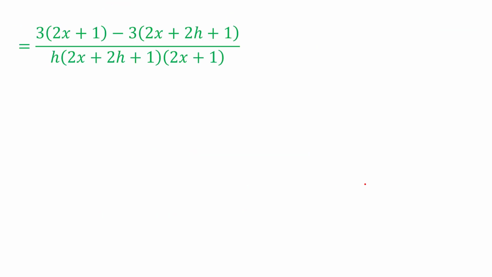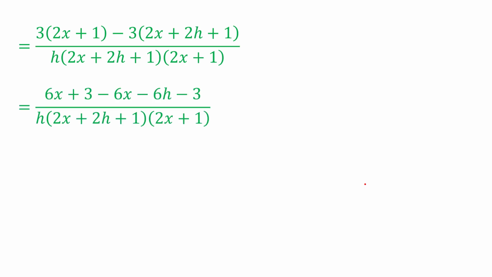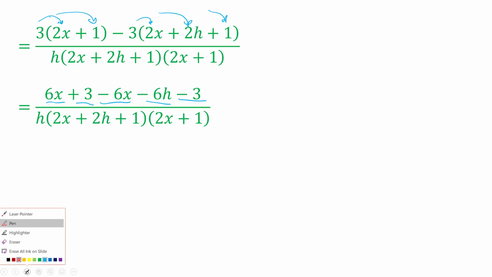a little bit further. We're going to distribute the 3 through to give us 6x plus 3. We'll distribute the second negative 3 through to give us minus 6x minus 6h minus 3. And the denominator we haven't changed here. Then we see we can cross out a few things again.